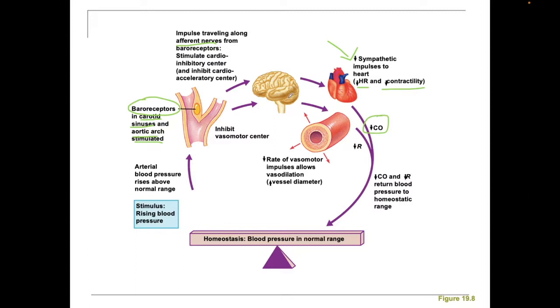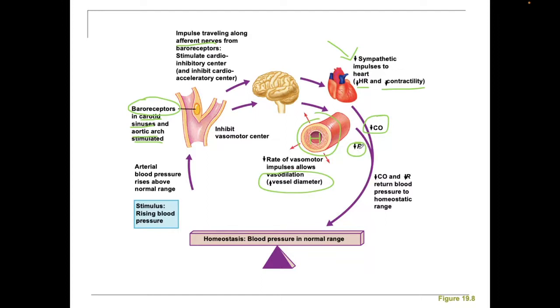And at the same point in time, when the sympathetics are inhibited, we are going to get vasodilation. We're going to get increased vessel diameter. If we look at the lumen here, this is opening up, which means that there's less resistance.